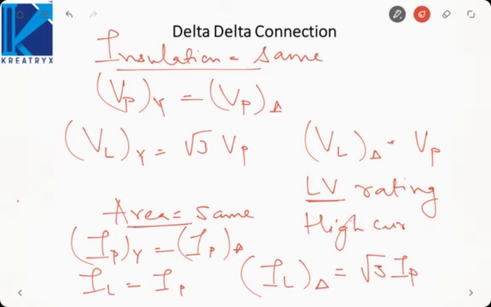So if you keep insulation level and area of cross section same for both star and delta connection, then the delta delta connection has a lower voltage rating and higher current rating. Okay, and here both the sides have a closed path for the flow of third harmonic current. So here third harmonic current can exist, so flux can be sinusoidal. That is the features of the delta delta connection.